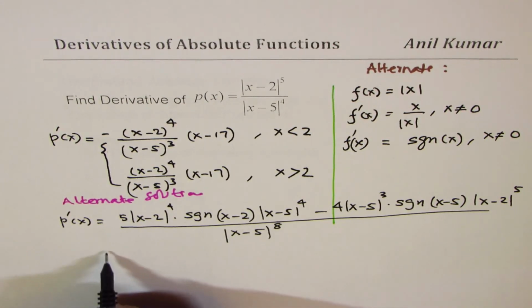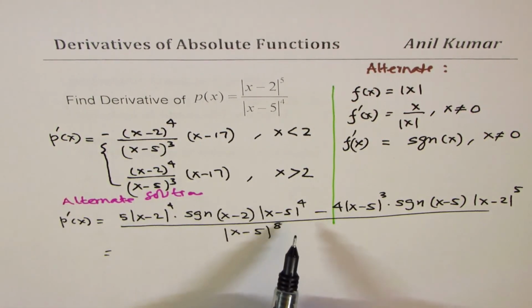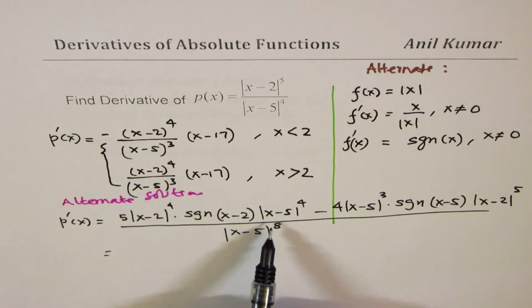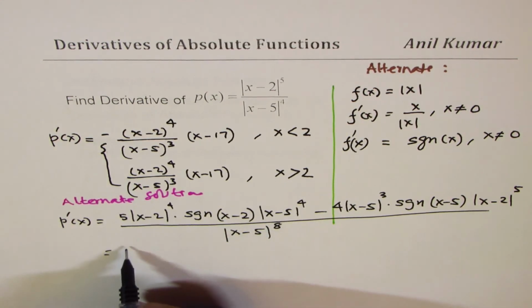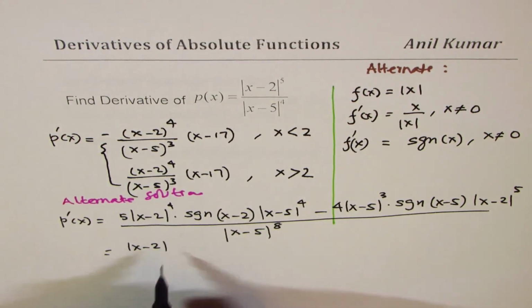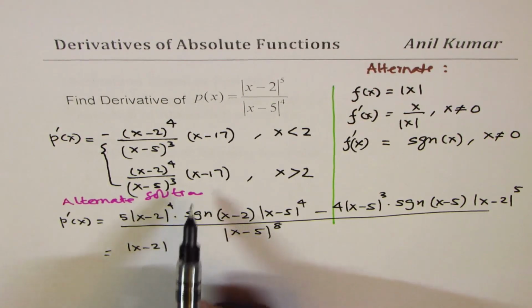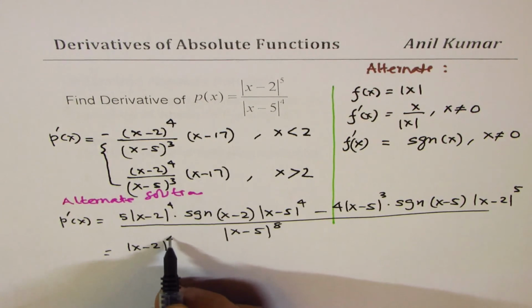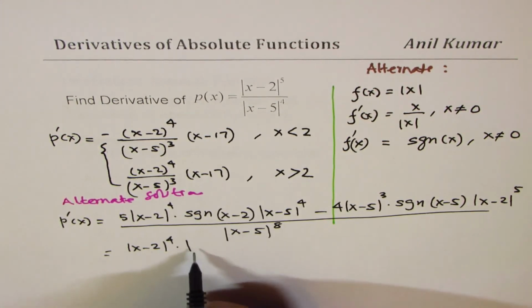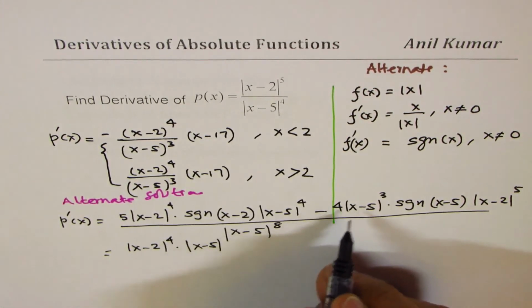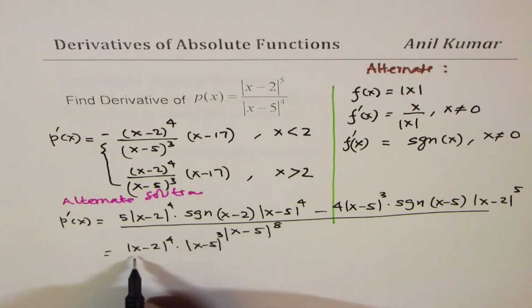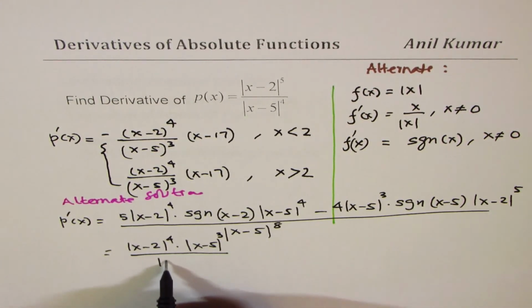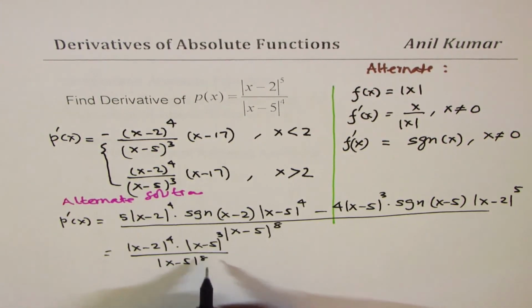You can always simplify this, taking whatever is common: absolute value of x minus 2 to the power of 4 times absolute value of x minus 5 to the power of 3. We have this denominator here, absolute value of x minus 5 to the power of 8.